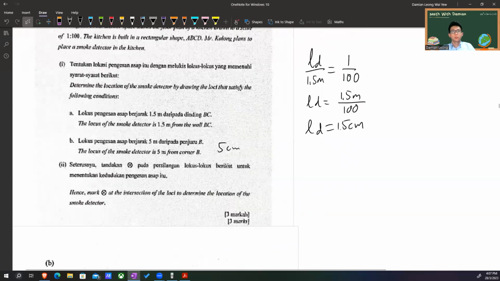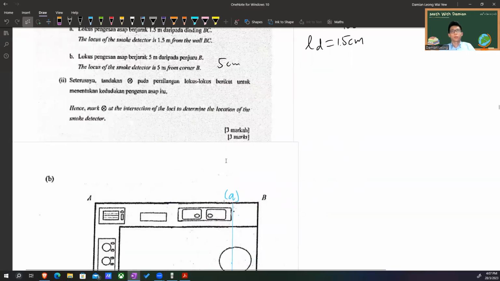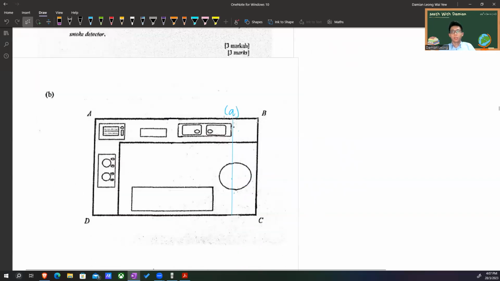Then locus of smoke detector from corner B is 5 meters from corner B. From B here, 5 meters means I measure 5 cm on the compass. Okay, so your compass is the one that looks like this with your pencil tip here. So basically measure here to here 5 cm.